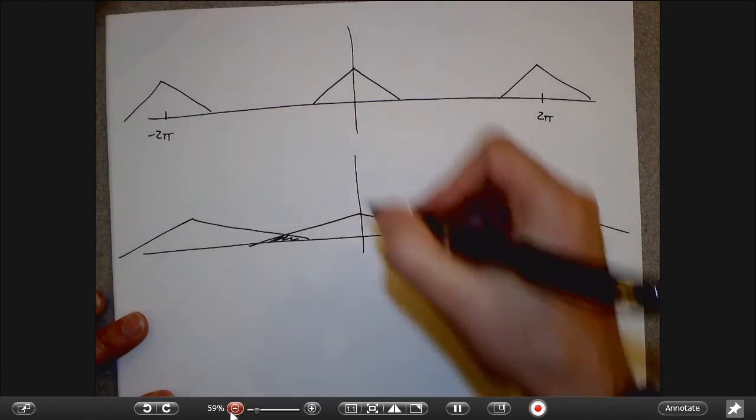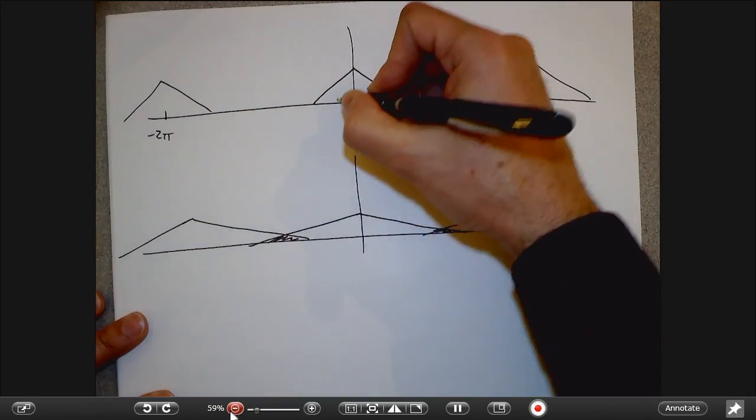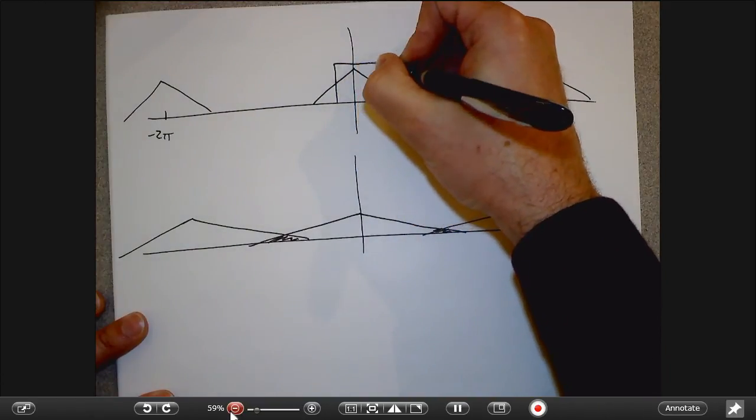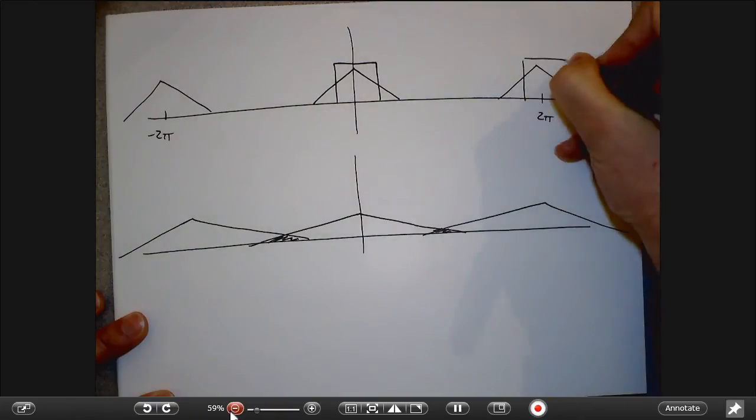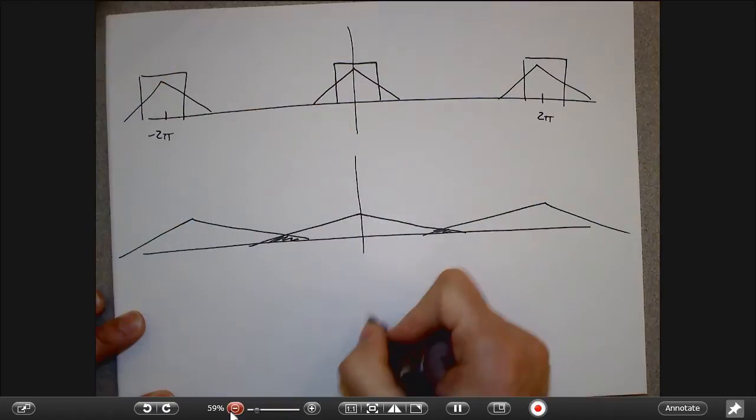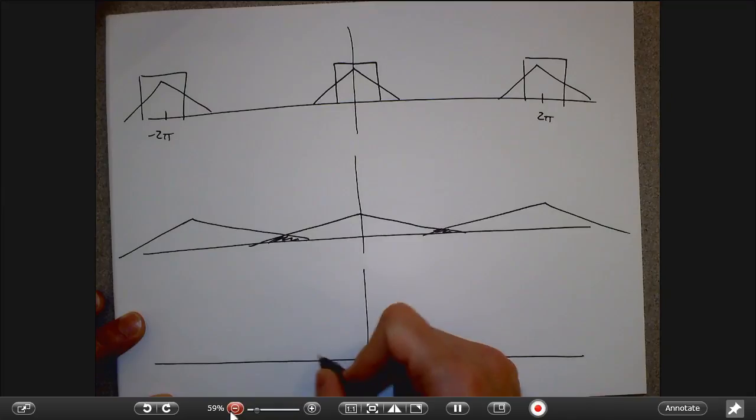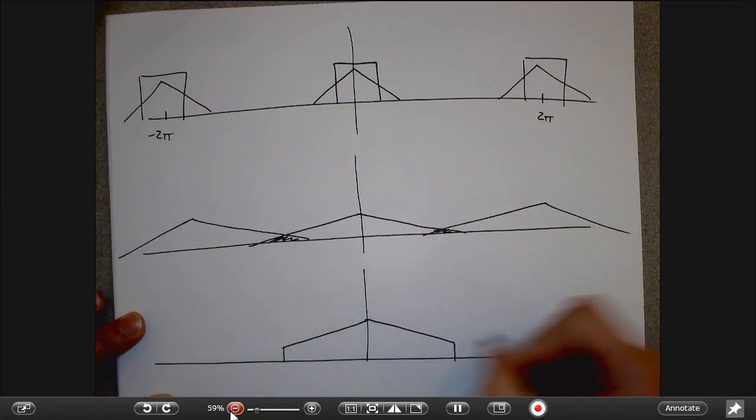And so what I could do instead would be to say, okay, prior to downsampling, I'm going to apply a low pass filter to the image to make sure that when I do downsample, I have basically no overlap.